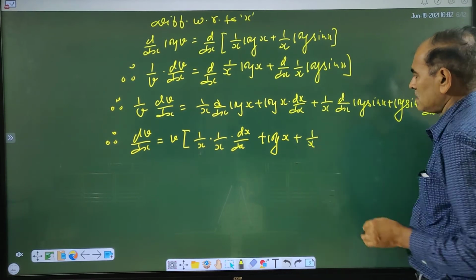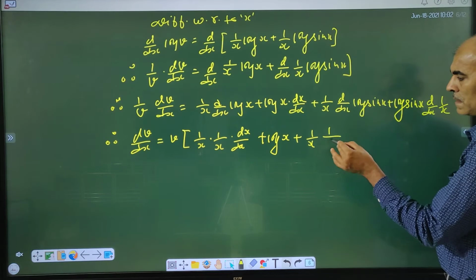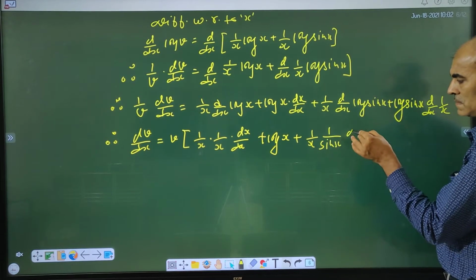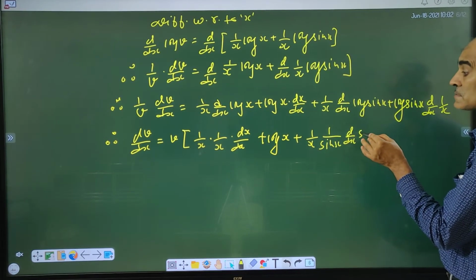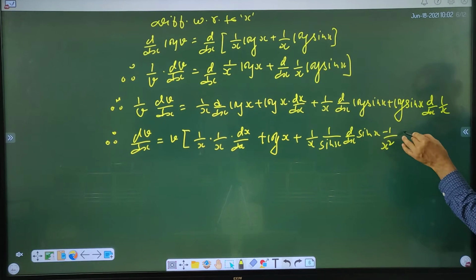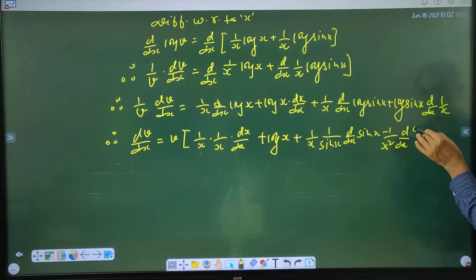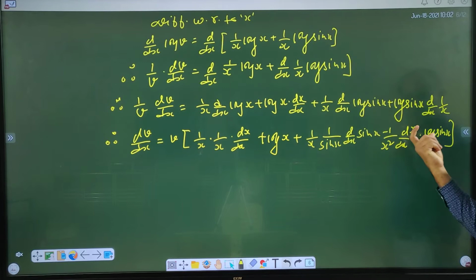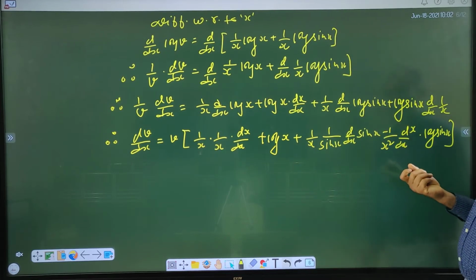What is the derivative of 1 by x? Minus 1 by x squared, d by dx of some function, into log sin x as it is.